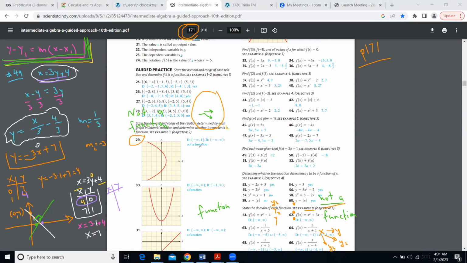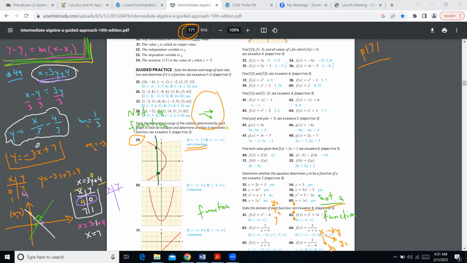The answer is it's not a function. The nice thing about this textbook is that you can see the answers right away. But of course, the question is, why not? Producing a vertical line, we can find one vertical line that intersects our graph at 2 points.